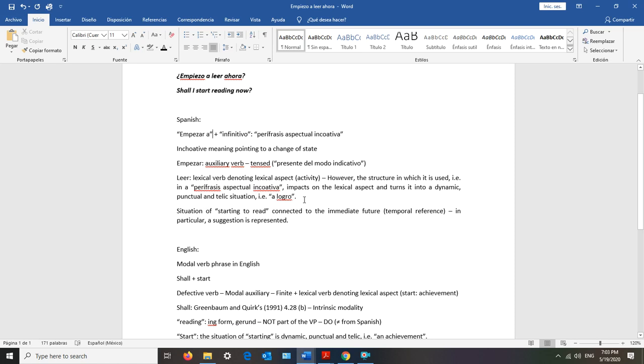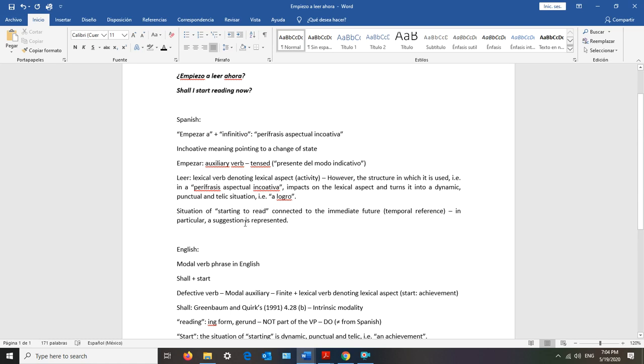So this is evidence of the fact that aspecto léxico is to be compositionally understood. Leer alone in itself points to an activity, but the way in which it is used here in this perífrasis, this structure impacts on the lexical aspect that leer shows in this case, and it becomes a logro.